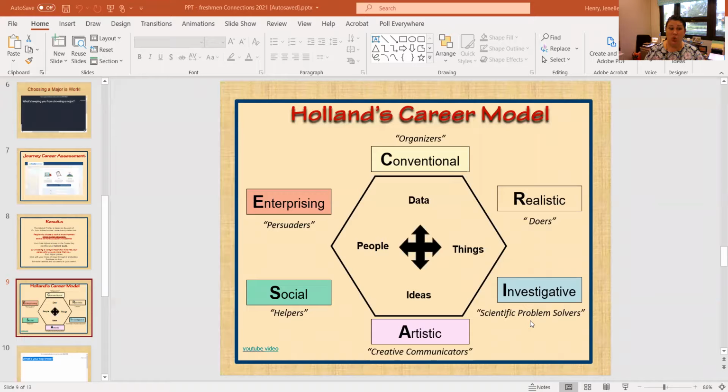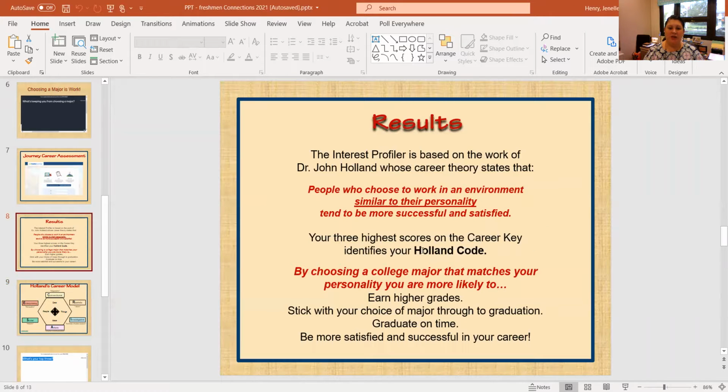So this is your, actually, I'm going to go back one slide. This is your Holland code, and this assessment was based off of the work of Dr. John Holland, and his theory of work stated that people who choose to work in an environment similar to their personality tend to be more successful and more satisfied.